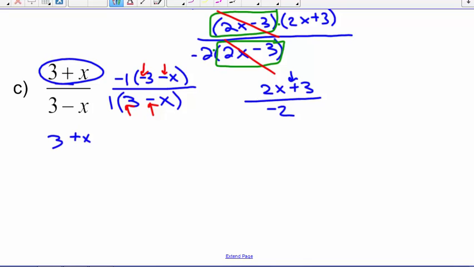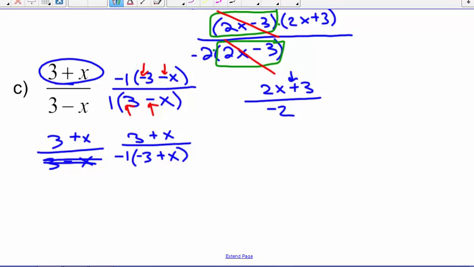Let's do the bottom. Let's see if I can take out a negative from the bottom. So if I try to take a negative out from the bottom, I think I would get 3 plus x and negative 1 and negative 3 plus x. Now the x's are going to be the same, okay, but the 3's, one's positive, one's negative.